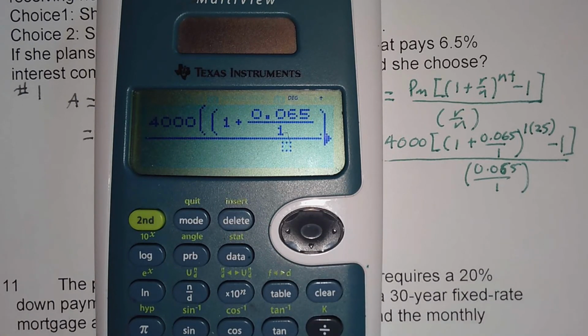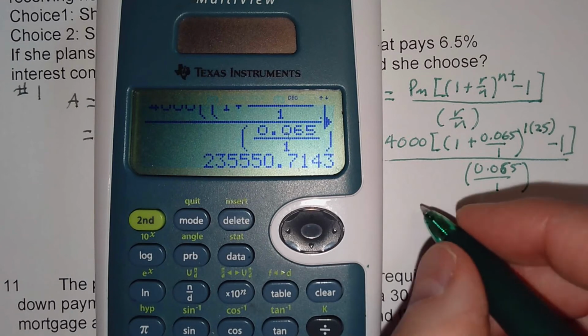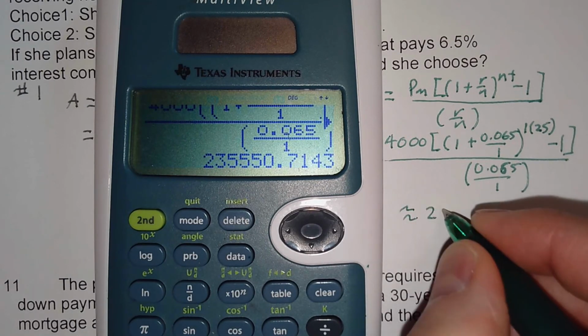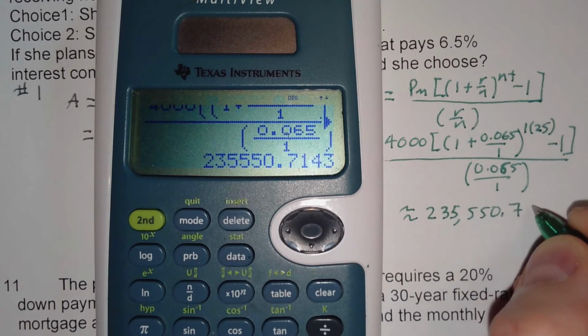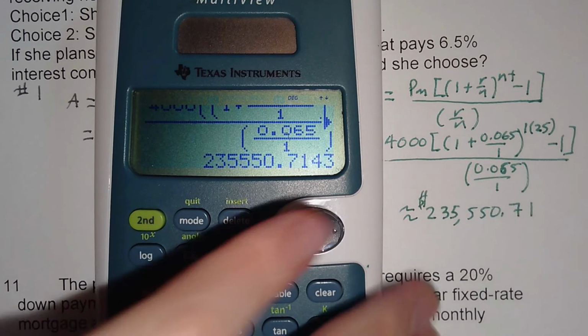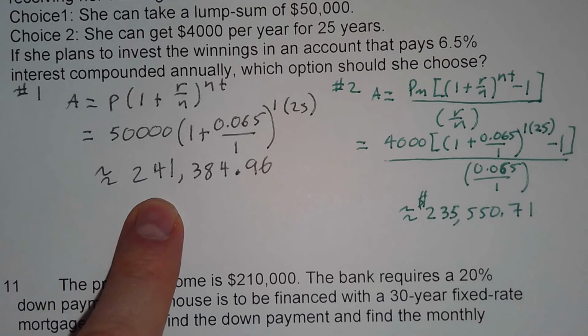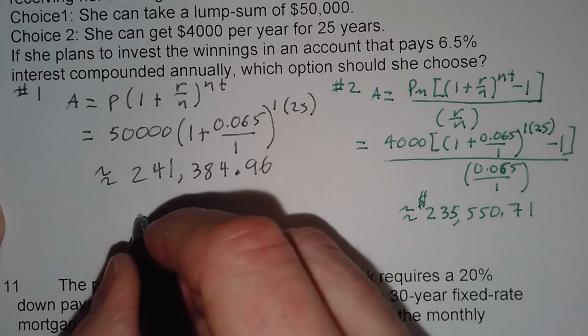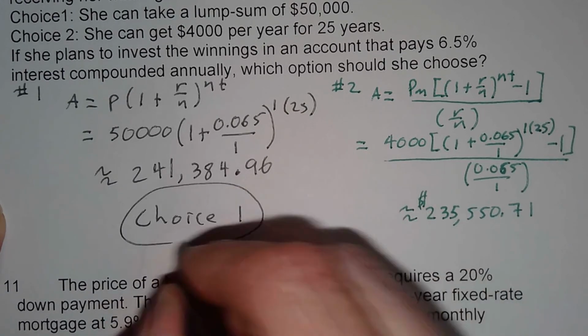On the bottom we'll have parentheses, fraction key, 0.065 over 1, close the parentheses. And so this would give us $235,550.71. So actually choice A is going to be better. So the first choice, choice number 1.